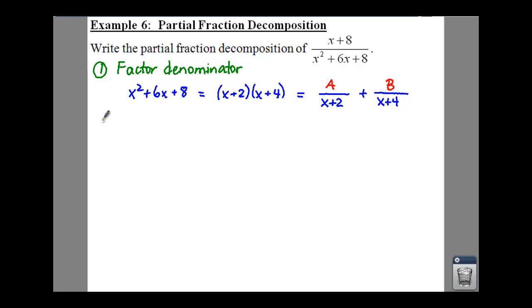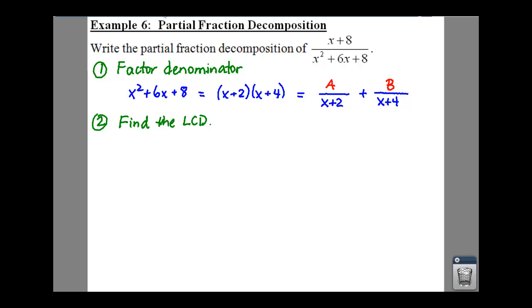So now what we're going to have to do for your second step is you need to find an LCD, the least common denominator. And when we do that, we're going to have to multiply each of our terms, a times whatever you're missing in this fraction, which would be an x plus 4. We're going to have to multiply b times your x plus 2.